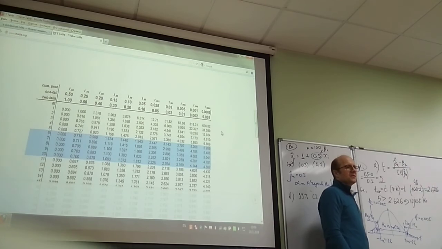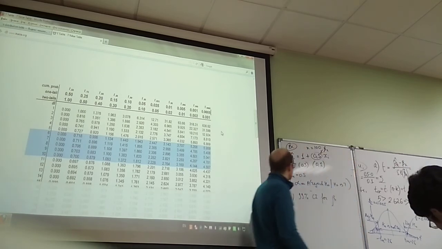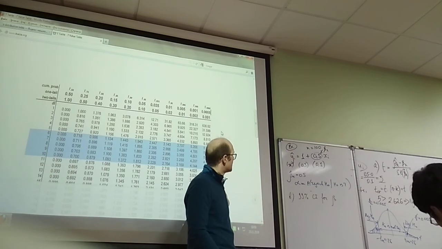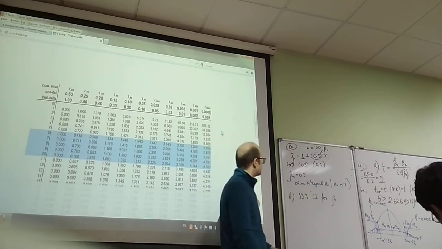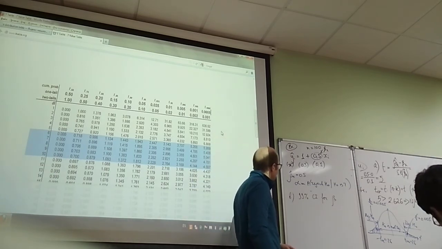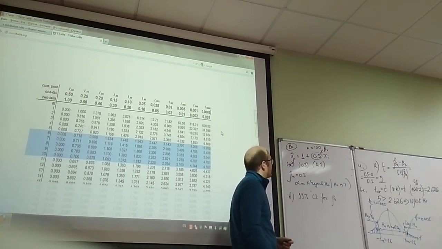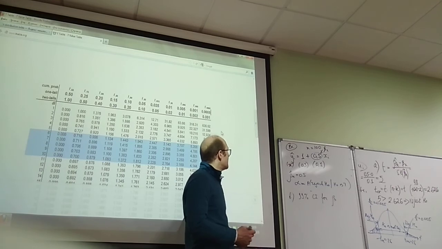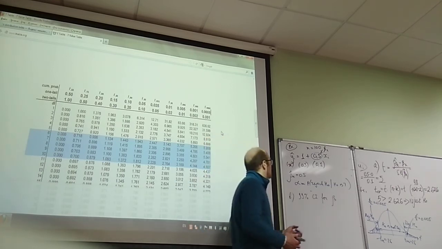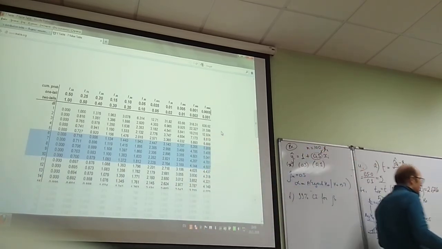What's our mean in this slide? What's the mean in our equation? X bar here? We don't know X bar, it's not supplied, we don't need it to solve point B. X bar is just the mean number of coffee cups.